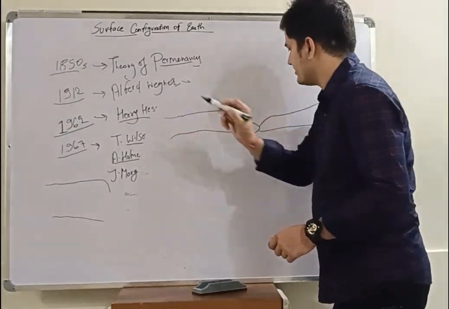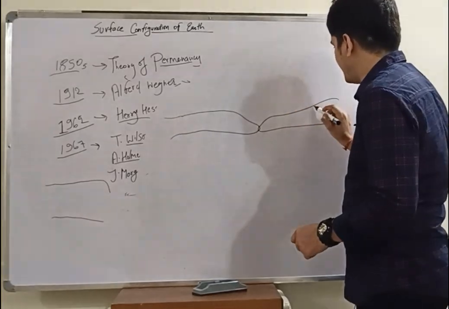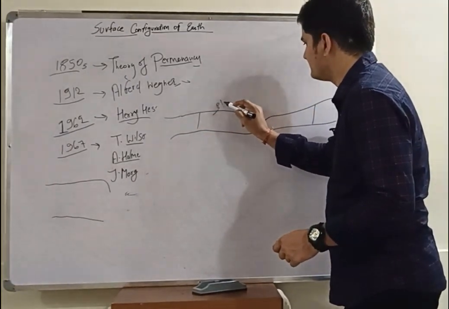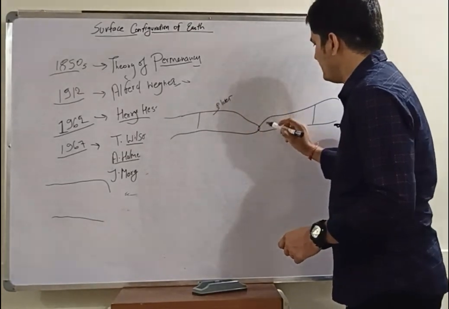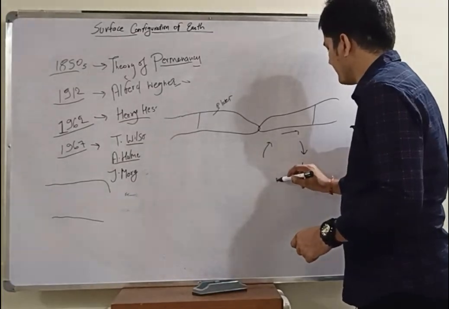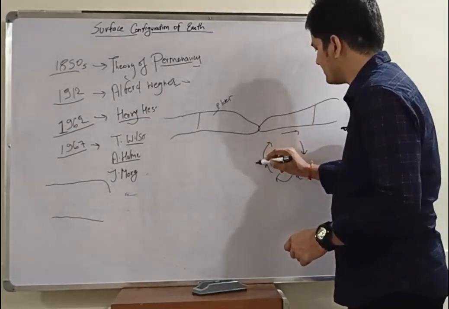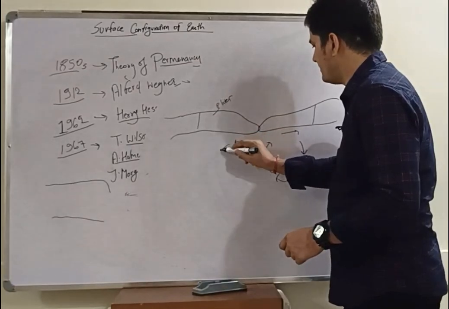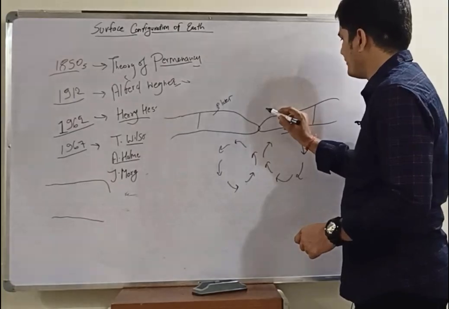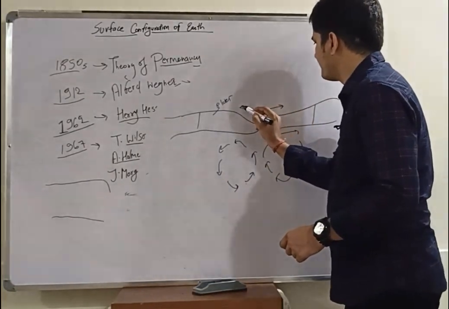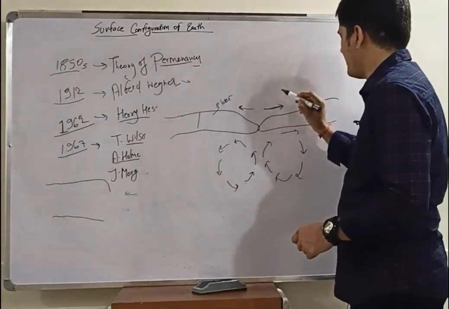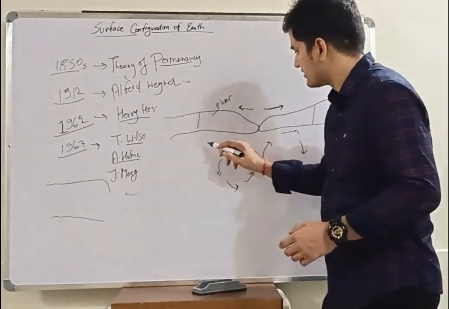So let us suppose this is lithosphere, and these parts of the lithosphere are known as plates. Because of the mantle plume, the convectional current of the materials inside the mantle layer, the plates will feel the pressure and move away from each other or toward each other.